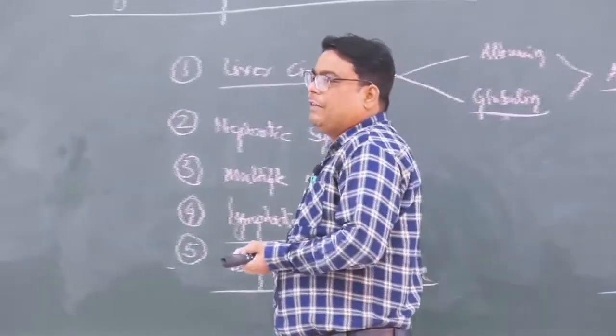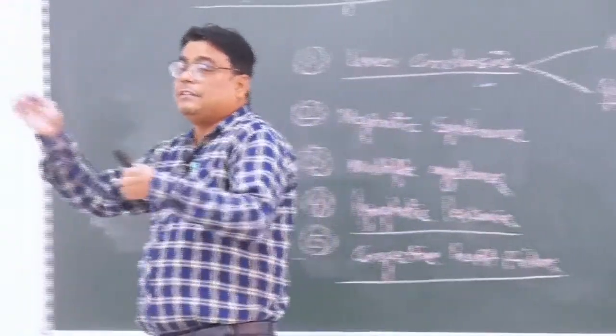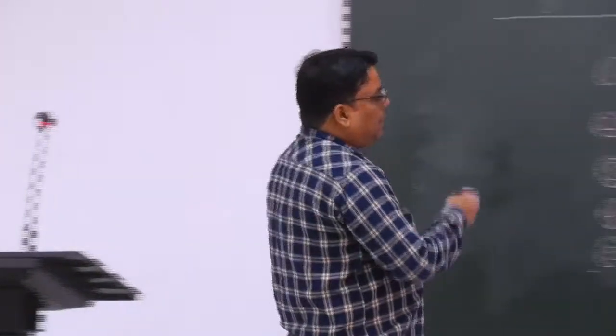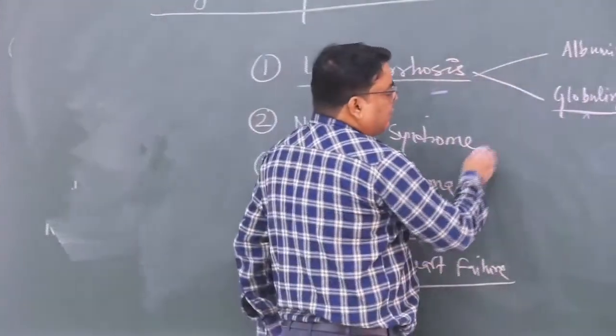But in liver cirrhosis, this pattern becomes altered. The synthesizing rate of albumin is very low compared to globulin. The pattern becomes inverted. So with this pattern, we can identify a person having liver cirrhosis and other kinds of disorders.